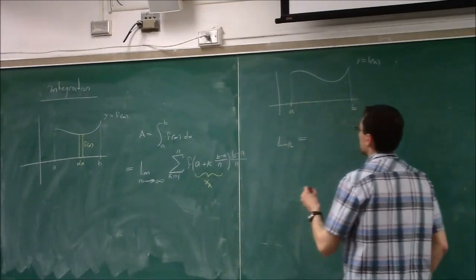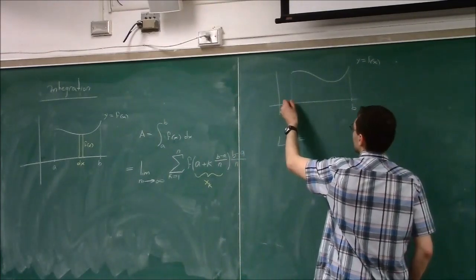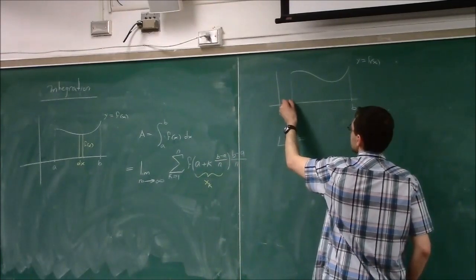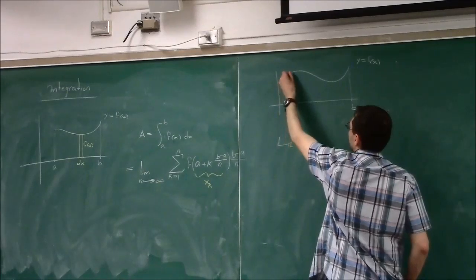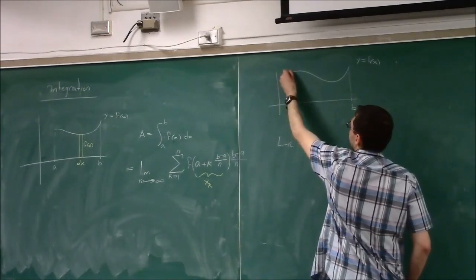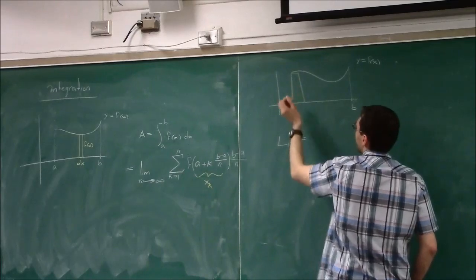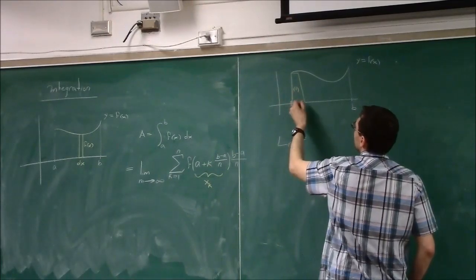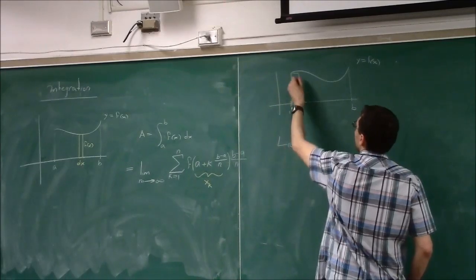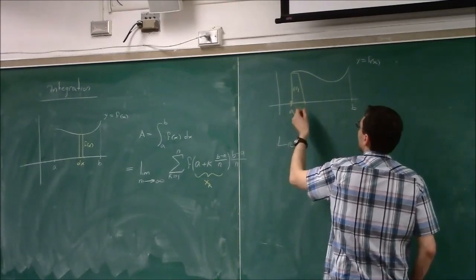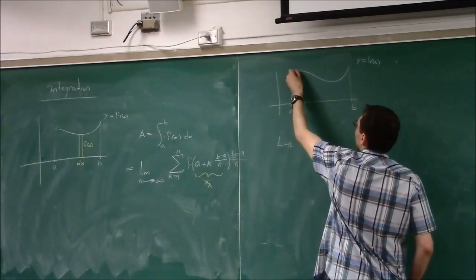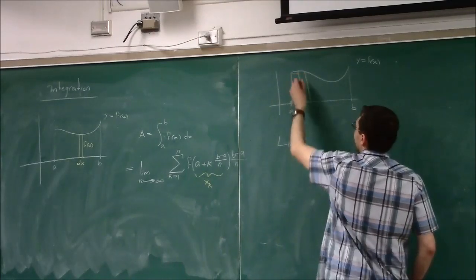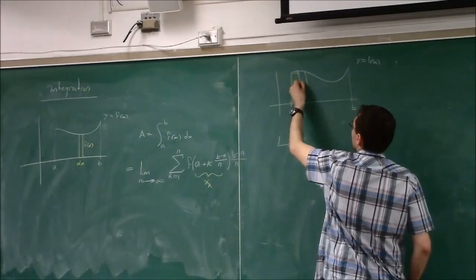And L sub n is designed as follows. What you do is you pick the first point. That's the height of the first rectangle. Then this is going to be the height of the second rectangle.